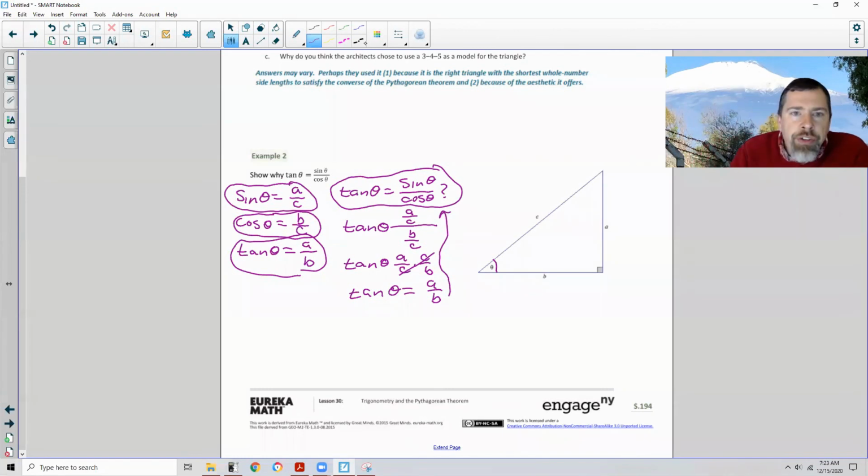Okay, before I go any further though, I do want to mention something else. So if this is cosine theta over here, and this is the sine of theta over here, sine's opposite, cosine's adjacent, and this is the hypotenuse. Then we can state that A squared plus B squared equals C squared, right?